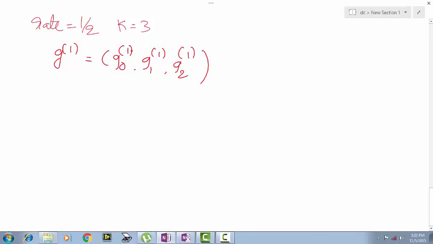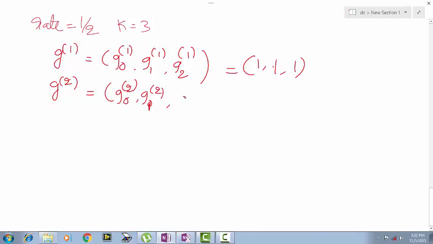See, this 1 at the superscript indicates the output, which is 1 comma 1 comma 1. Similarly, the second generator sequence is for the second output, G naught of 2 comma G1 of 2 comma G2 of 2, which is equal to 1 comma 0 comma 1.